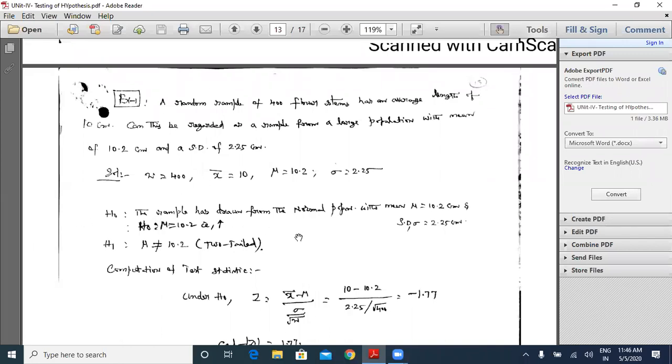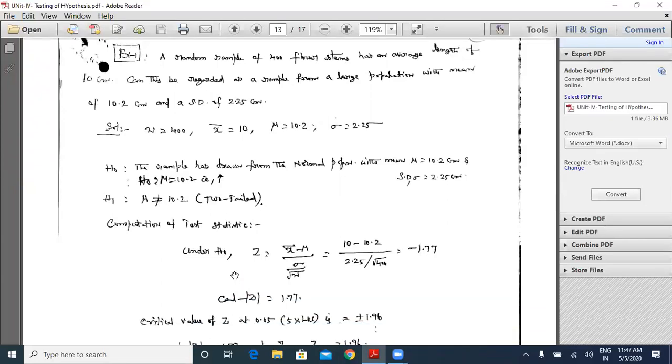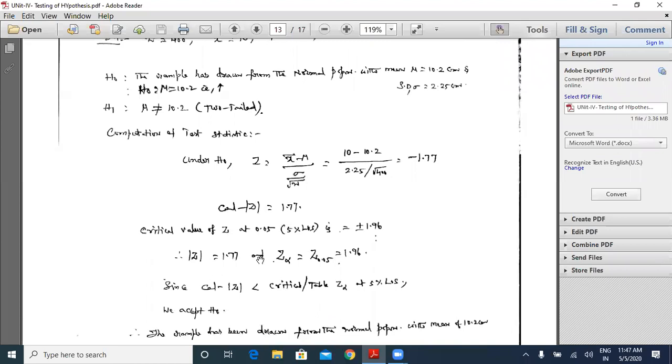H naught: the sample has been drawn from the normal population with the mean mu, or H naught is mu is equal to 10.2. Then write H1. H1 is two-tailed, not equal to is the two-tailed. Then go for calculated Z. Since you are getting a minus value here, you take modulus. Then the table value at 5% LOS, critical value or table value, both are the same, is 1.96.